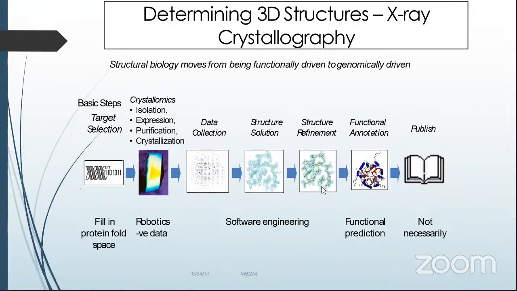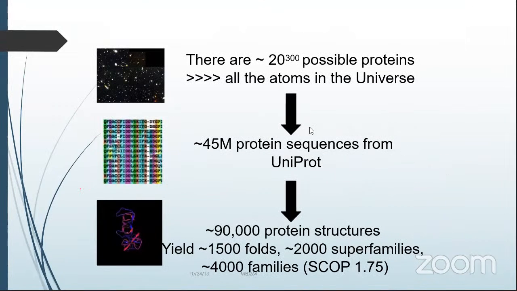When the structure is refined, you get to know the functional annotations in that sequence, along with the alpha helices and beta sheets, in the PDB database. You can even publish your data and deposit it. So this is how the structure is generated from the sequence, okay?